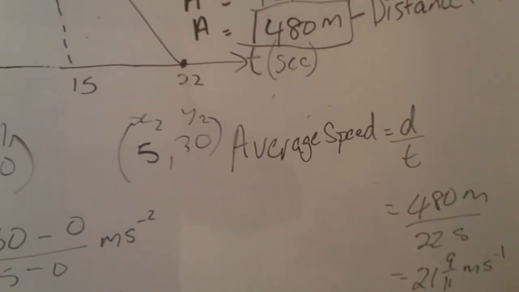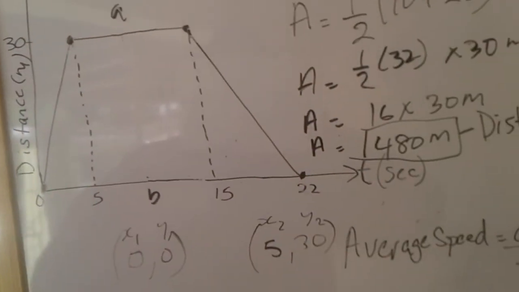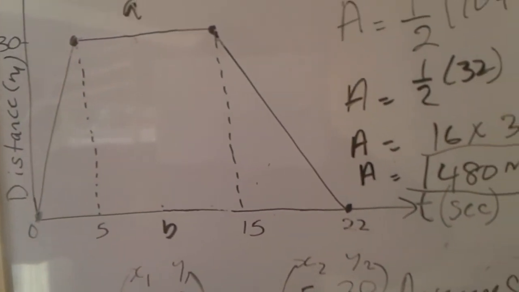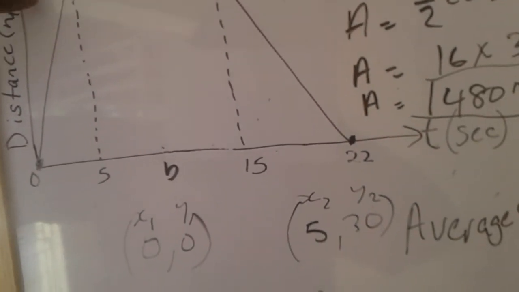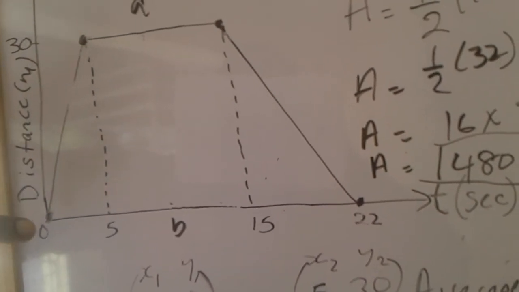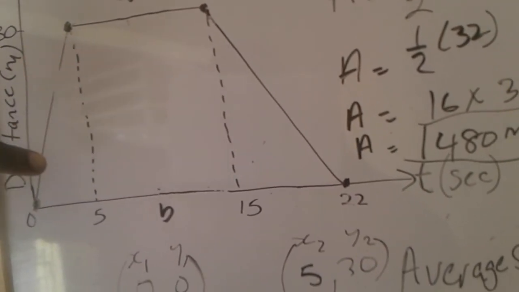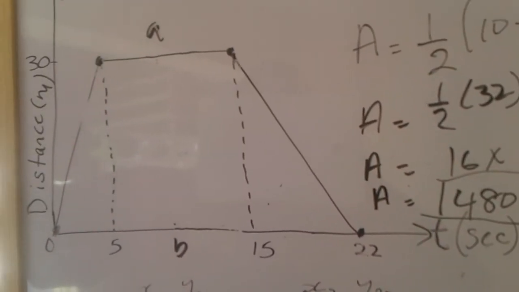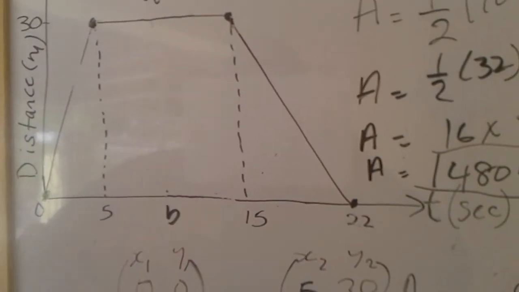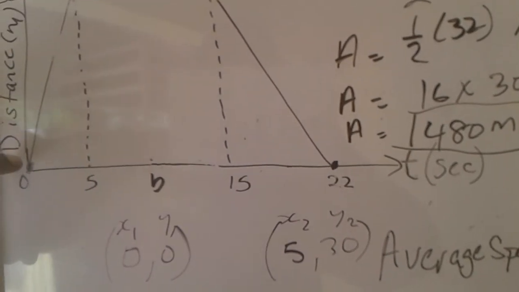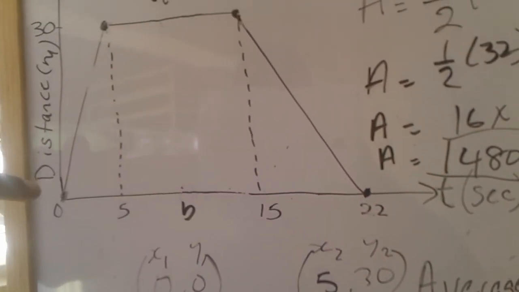That's how we would work out that question. So again, for acceleration, we find the gradient of the line in the first 5 seconds. To find the gradient, I take 2 points on the line and find the gradient.